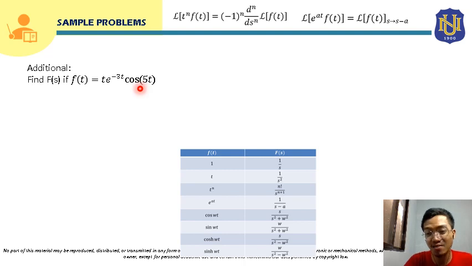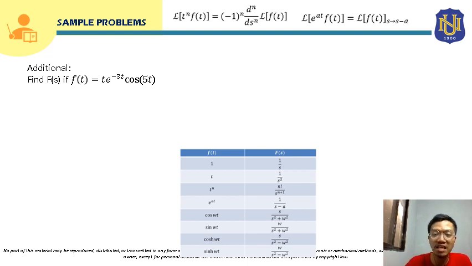But similarly, since there's e raised to negative 3t here, we can also apply first shifting, right? So here, you're going to solve this in a chain rule way, like in your derivative. Since there are three functions here combined together, it's like chain rule.